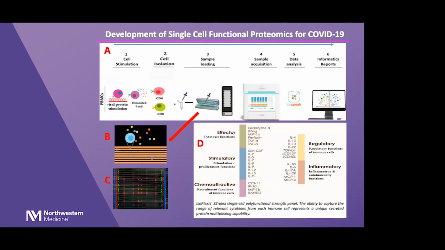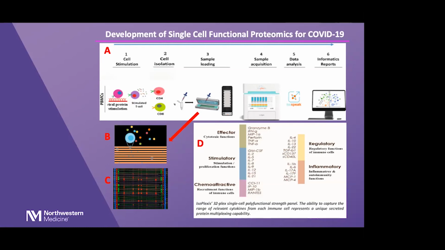Now, most of you must have heard about single-cell RNA analysis. A company called Isoplexis has an assay for functional proteomics in terms of 32 cytokine estimation. In panel A, that is how the assay is performed. What we are doing is adapting the Isoplexis assay to COVID-19.